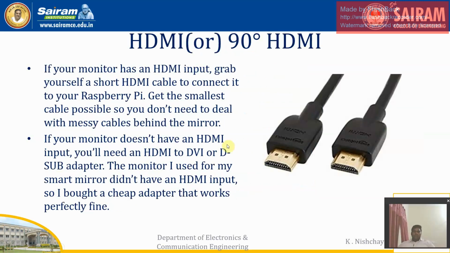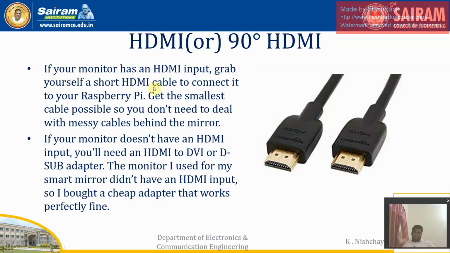Now, next we want is an HDMI or 90 degree HDMI cable. You guys know what an HDMI cable is nowadays? It is mainly used in live streaming, TV, monitors, and all. If your monitor has an HDMI input, grab yourself a short HDMI cable.